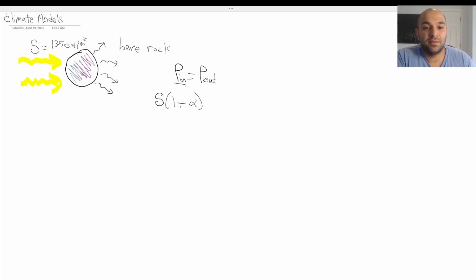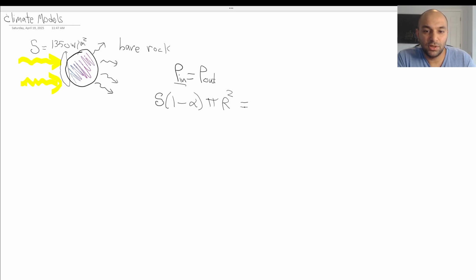That's how much energy is coming in, times pi r squared. Because this is energy or power per unit area, per meter squared, and then we multiply it by this area over here. That's the area of the projection of Earth, the shadow that the Earth is making. So how much light, the area that's absorbing light, that's pi r squared.